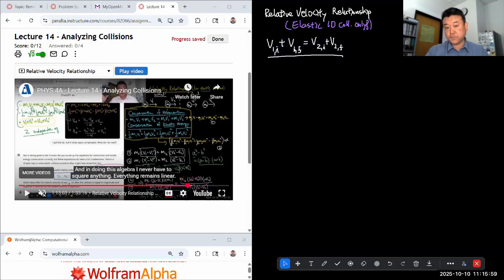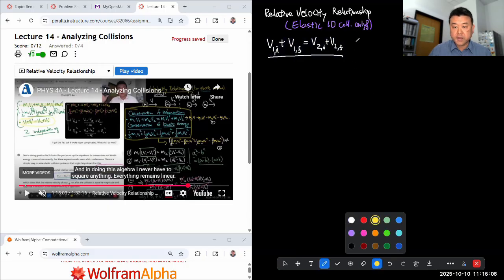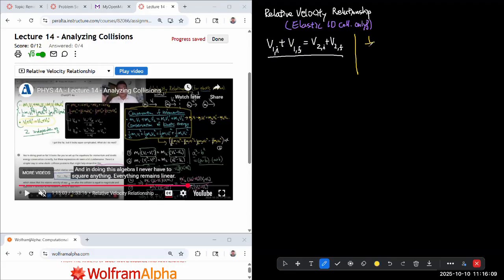The advantage of using this formula rather than conservation of kinetic energy, which let me just write out. The conservation of kinetic energy says 1/2 m1 v1 initial squared, plus 1/2 m2 v2 initial squared is equal to 1/2 m1 v1 final squared plus 1/2 m2 v2 final squared.